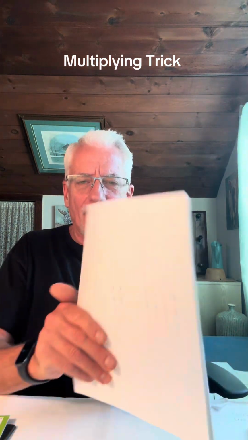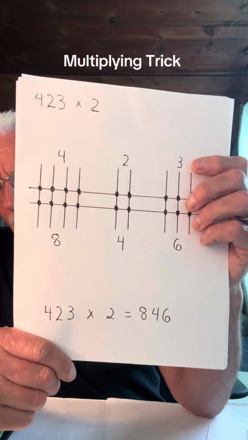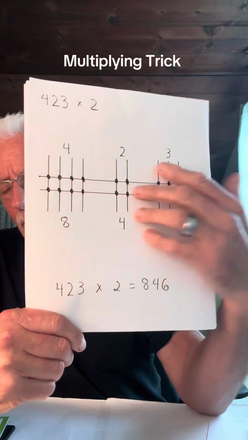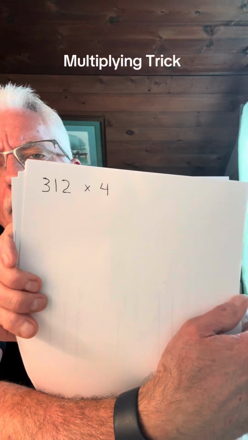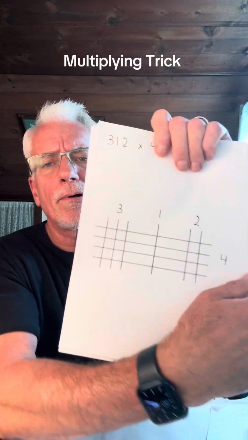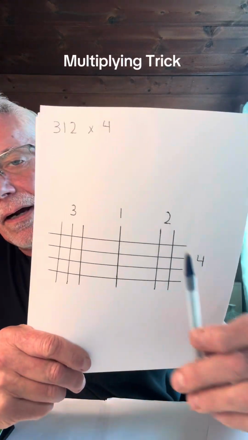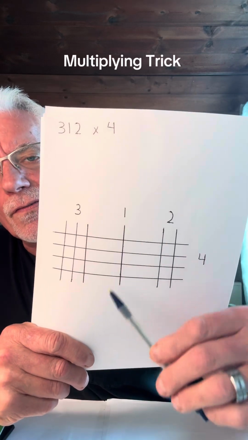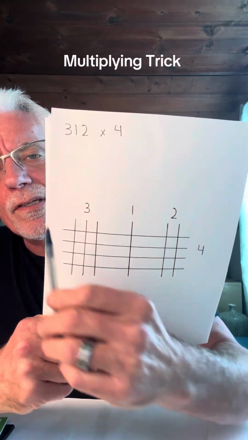So there it is right there. Isn't that cool? Okay, what happens when we get a 2-digit number inside of these? We just throw it over into the next column. I'll show you that. I don't think I have to do that with this one. So I'm going to do 3 lines, 1 line, 2 lines, and then do 4 going the other direction. So there's 312 times 4, and then I just start counting them up. Here I'm going to have 8, here is 4, here is 12, but since there's no more numbers over there, I can just leave it as 12.